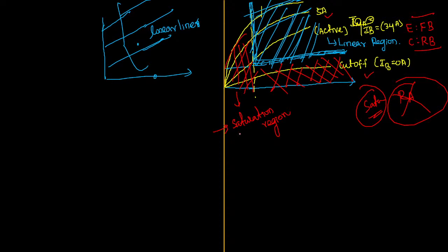So basically we understood that our transistor can be operated in three regions. I have clearly explained that in the saturation region, both the diodes will be in forward bias.